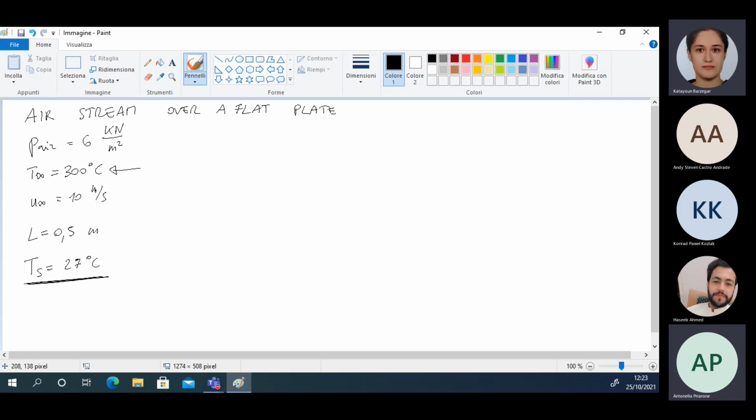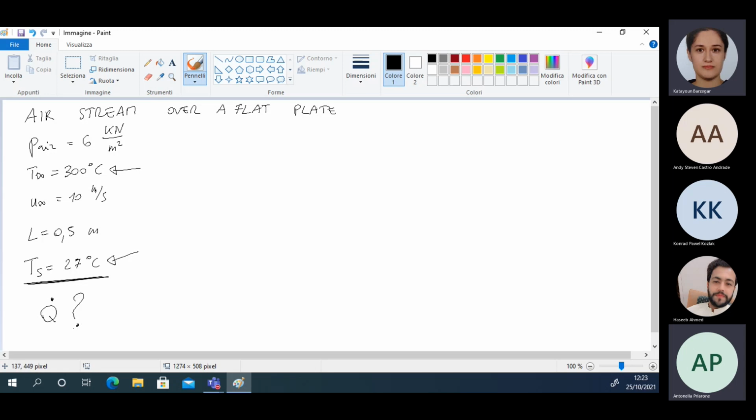Due to the fact that the temperature of the fluid that flows on it is 300 Celsius, I have to cool my plate if I want to keep the temperature equal to 27 Celsius degree. And I have to estimate this heat transfer rate.